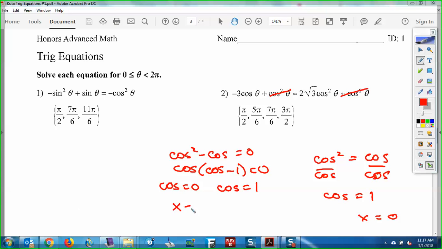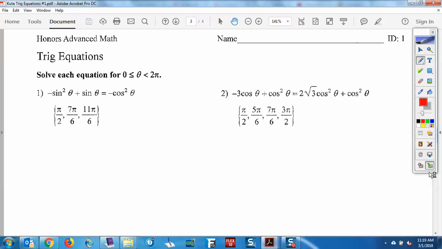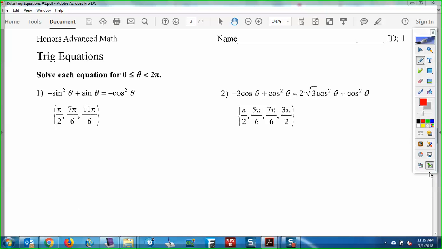So now you get pi halves and 3 pi halves as answers, and you get x equals 0. There's 3 answers, not just 1. By dividing by cosine, you lost some answers. Dividing by cosine is not something you never do, because I think there's one on here where we do want to do that. But not in a case where you could subtract them over and do some factoring. That's what you want to do.